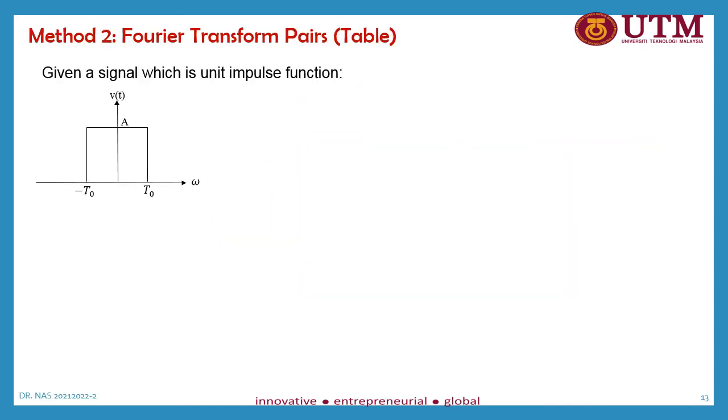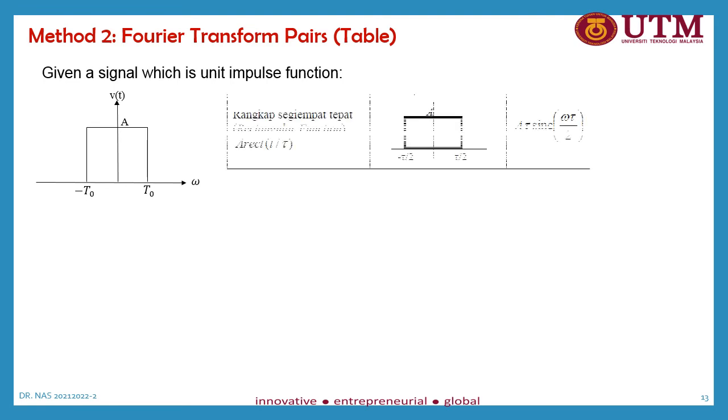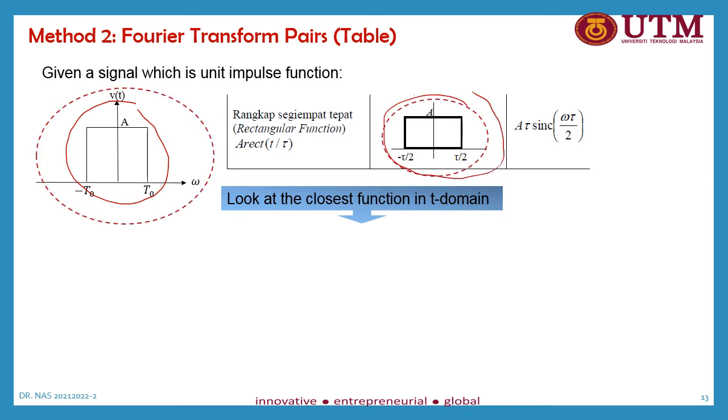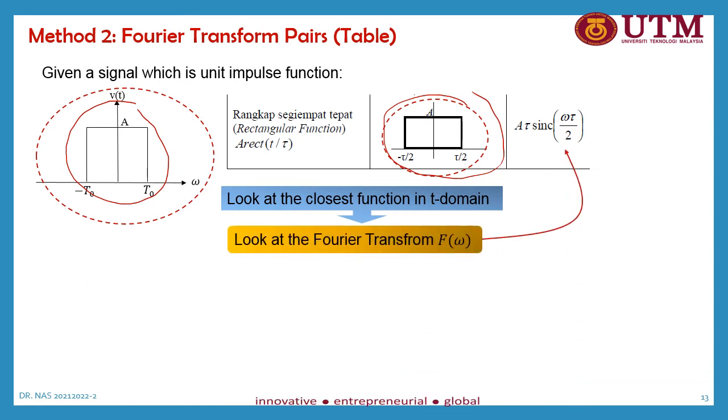Okay, so now let's try the second method using Fourier transform pairs from the table. First you need to compare with the closest shape of function in time domain. In this case, you have a rectangular function. Obviously, this is the closest shape. Okay, so next you need to look at the Fourier transform equation of the given signal.